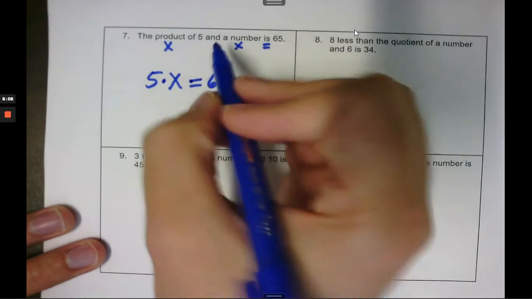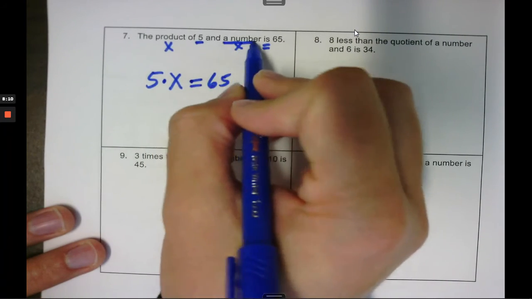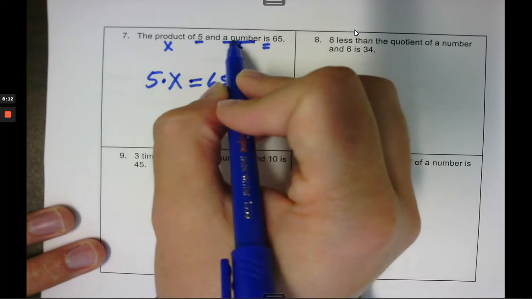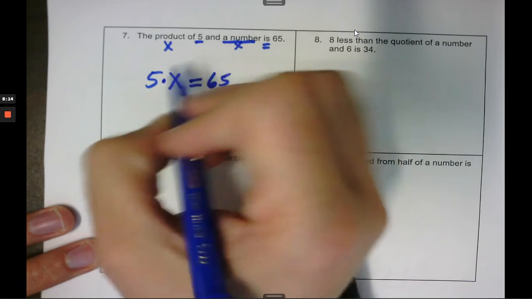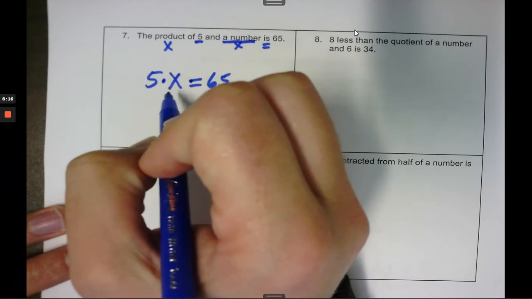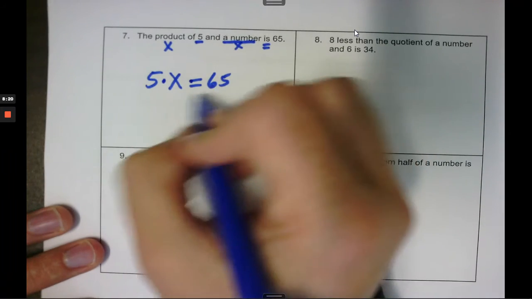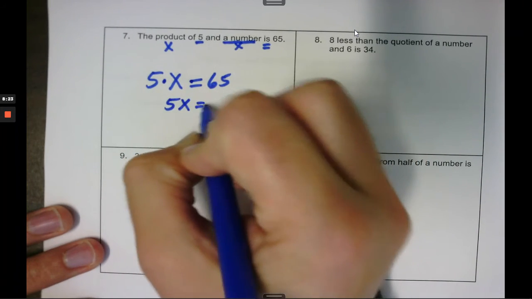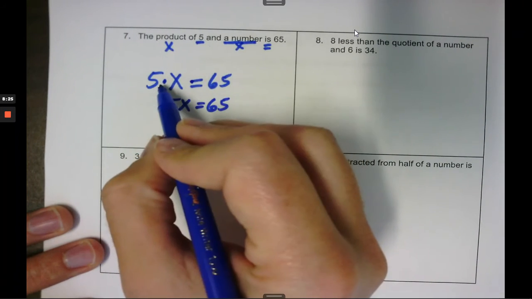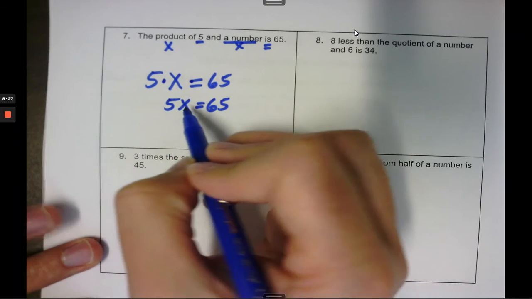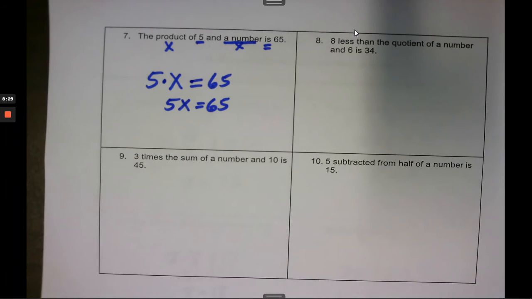And I always want to put it in the order that they come in, right, for product. 5 and then the number, right, 5 and then some number, so 5 times x. I wouldn't write it as x times 5. I almost made a mistake there. Alright, so now that I have that, we could rewrite that as 5x. Remember, with multiplication, you do not have to have a symbol if it's a number and a variable. They can be written right next to each other like that.